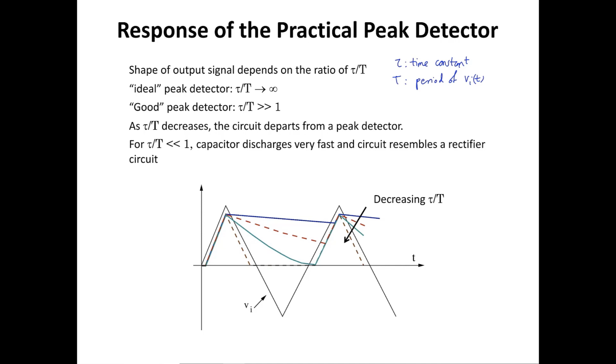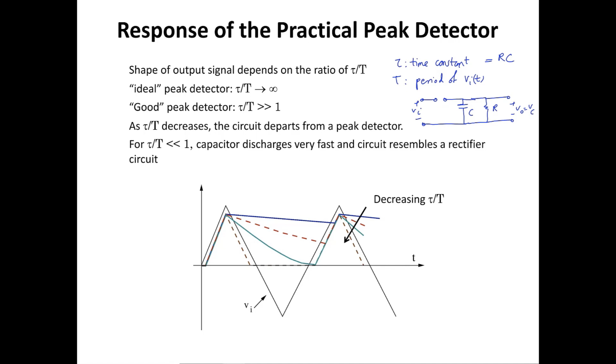So tau, which is equal to R times C, where this is R and this is the capacitor for our peak detector circuit, with this being our diode model when it is off, this my Vi, and this V out or Vc. So the time constant is equal to RC. For an ideal case, the resistor value is equal to infinity. As a result, tau over T goes to infinity.